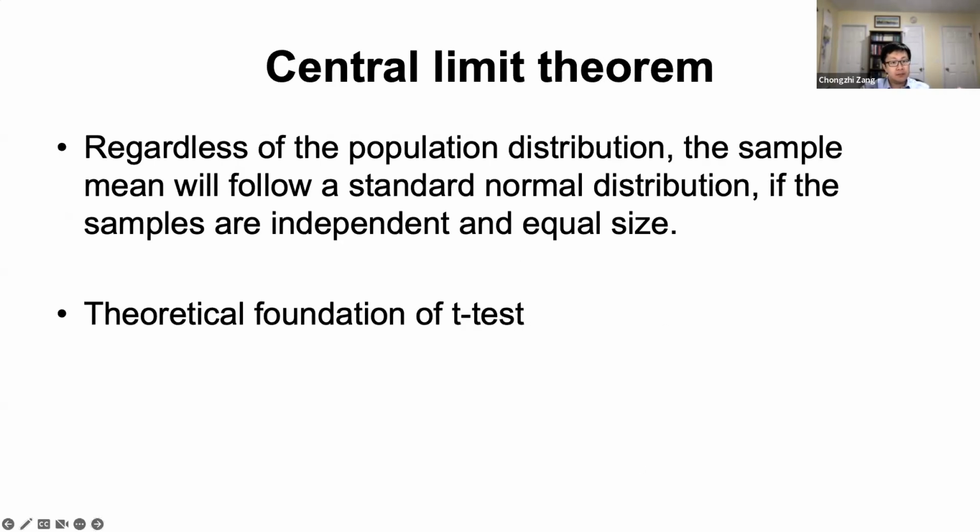All right, central limit theorem. Just briefly, the concept of the central limit theorem is that regardless of the population distribution. I didn't mention the population distribution versus sample distribution. Population distribution means that we get the measurement of all the elements or all the subjects in the whole population.